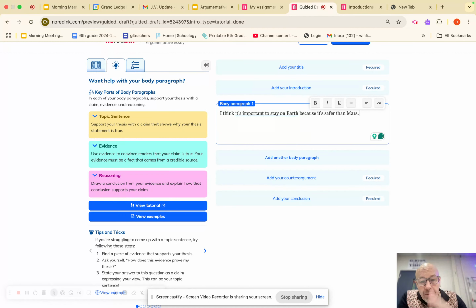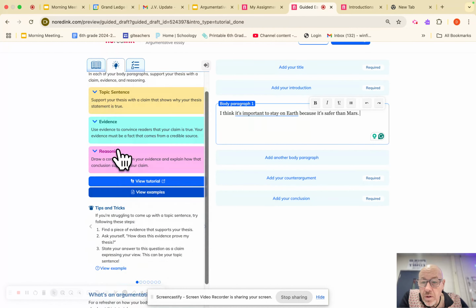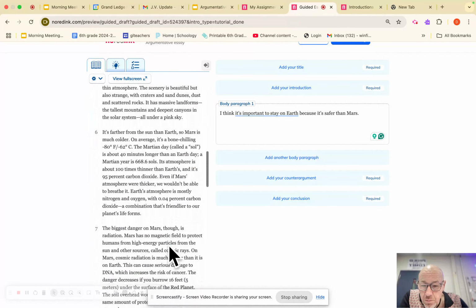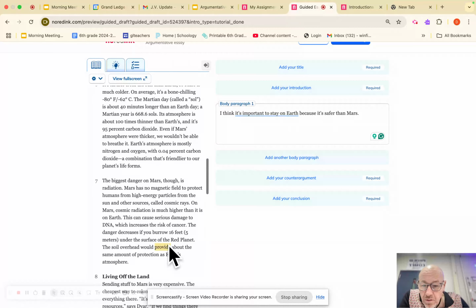Now, I'm going to find 2 facts that support that. I'm going to go into this source right here, and I'm going to search for some stuff. Like right here, the biggest danger on Mars is radiation. Mars has no magnetic fields to protect humans from high-energy particles from the sun or sources called cosmic rays. On Mars, cosmic radiation is much higher than it is on Earth.